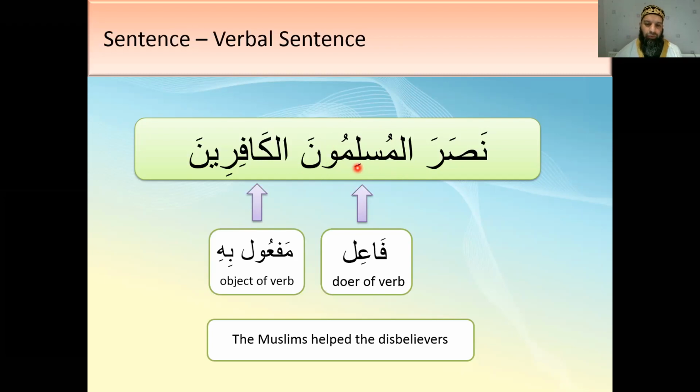Then you'd use the plural form of the verb, but because you're using a noun who's doing the doing, it's the singular form of the verb. So if the doer wasn't mentioned, then you would maybe have said Nasaru, they all helped al-Kafirina. But the doers are mentioned in the plural, so this one is just in the singular form. It's just the way it is written in Arabic. You won't write Nasaru al-Muslimuna. It's just the way it is.